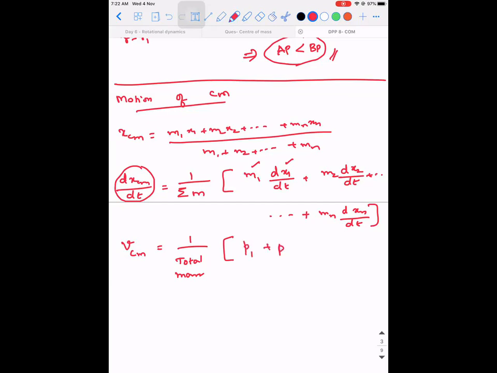So P1 plus P2 plus so on till Pn. Only difference is here we are going to write it in the form of vectors. So P1 vector plus P2 vector plus so on till Pn vector will give us the linear momentum of the center of mass.